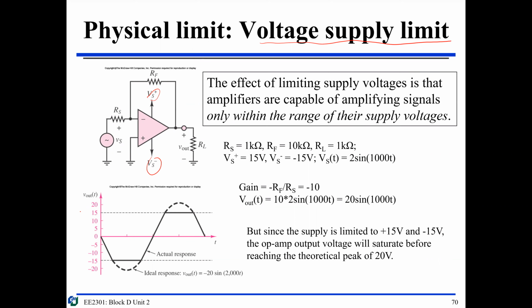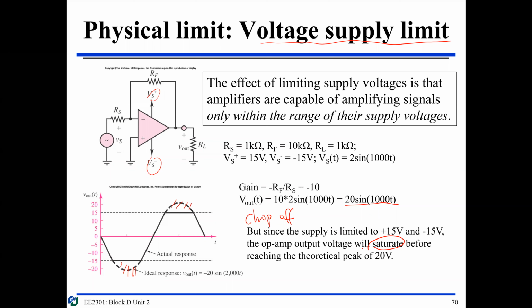If you do an amplification of about 20, then you get a sine wave, and this part will be chopped off. This solid black line is the actual response. Anything above 15 or below minus 15 will be chopped off, or saturate. It just stays at the maximum.